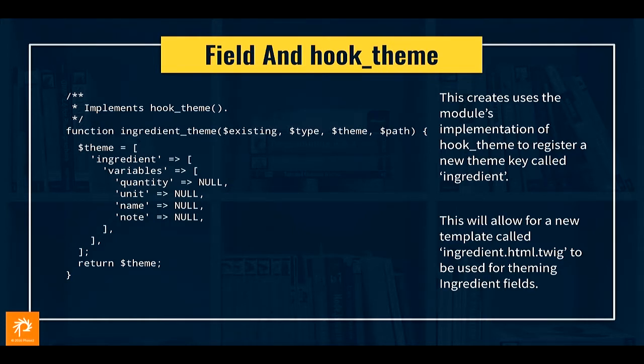So in addition to just creating the template, you can create a new theme function, just like any other element in Drupal. In this particular case, we're creating a theme function called ingredient. That's going to be our theme key. And we're going to simply pass it our 4 atomic values.